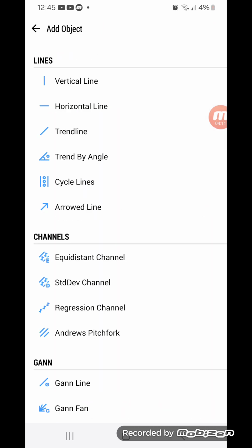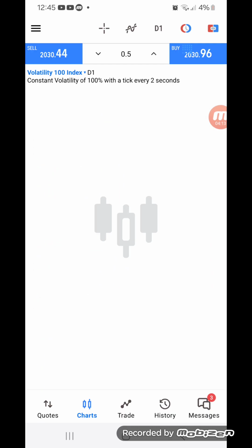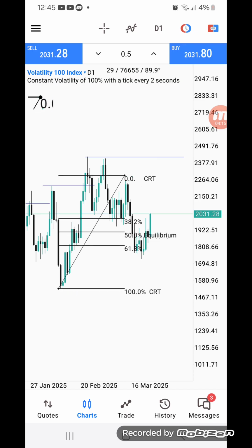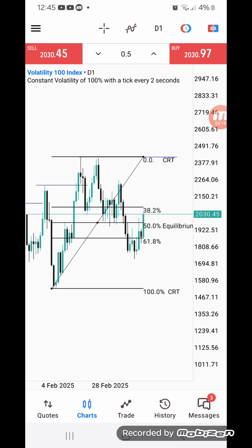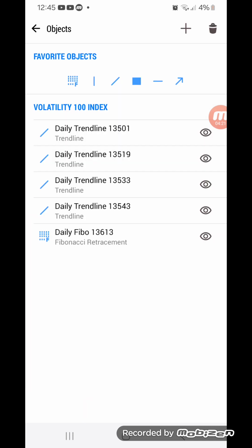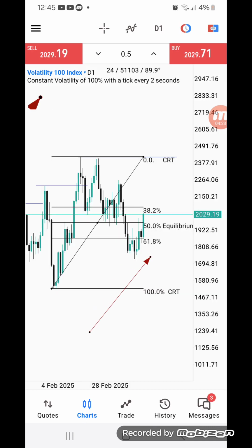Now when we take our Fibonacci, we are able to know whether the market had already retraced to our discount zone, and you can see from what we have here, the market has already retraced to the discount zone. We have the equilibrium, and then the premium, and then the discount.